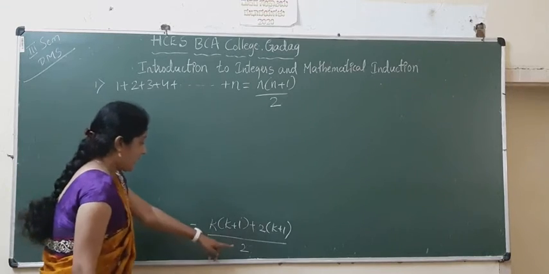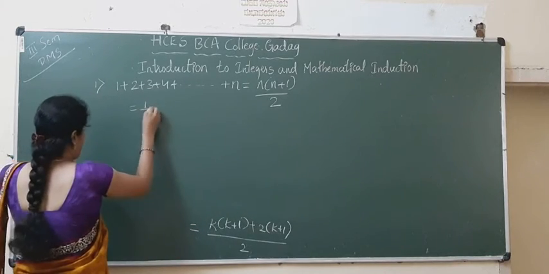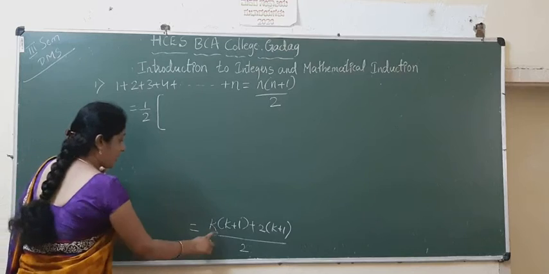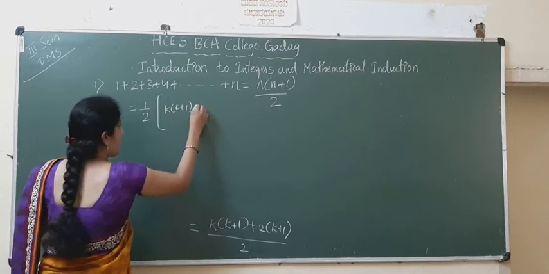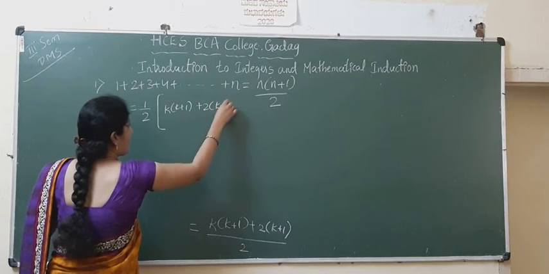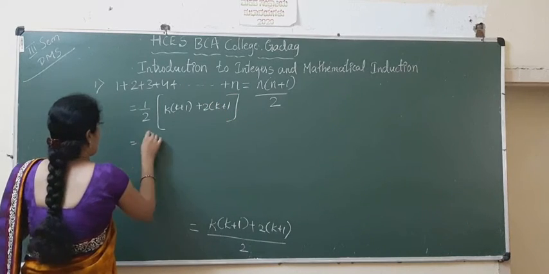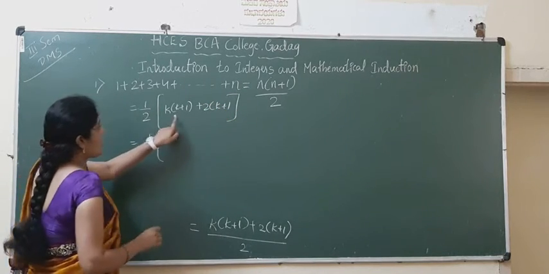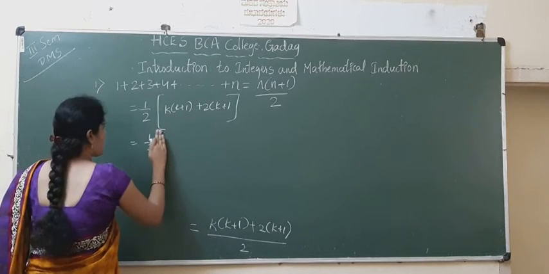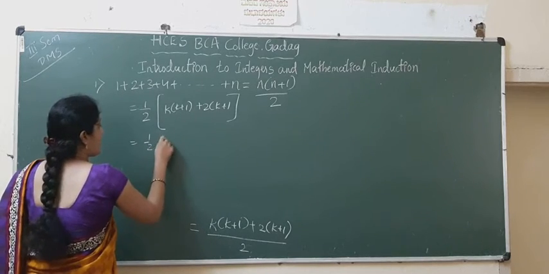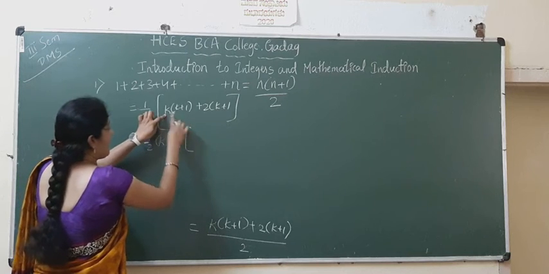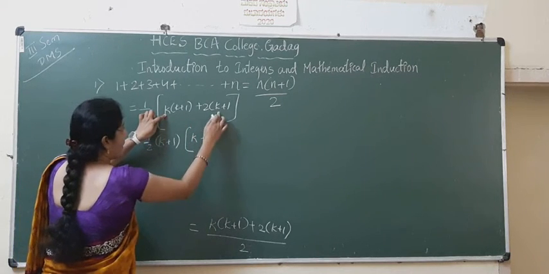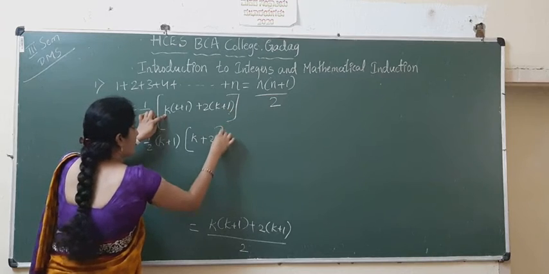Now, I'll take this 1 by 2 outside. What is remaining now? k into k plus 1 plus 2 into k plus 1. Now, 1 by 2. Which is common between these two? k plus 1 is common. So, let's take k plus 1 outside. Now, the remaining is k and here it is 2.